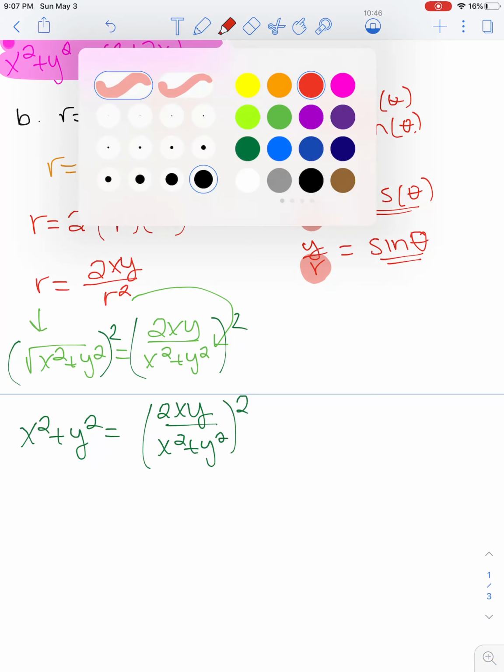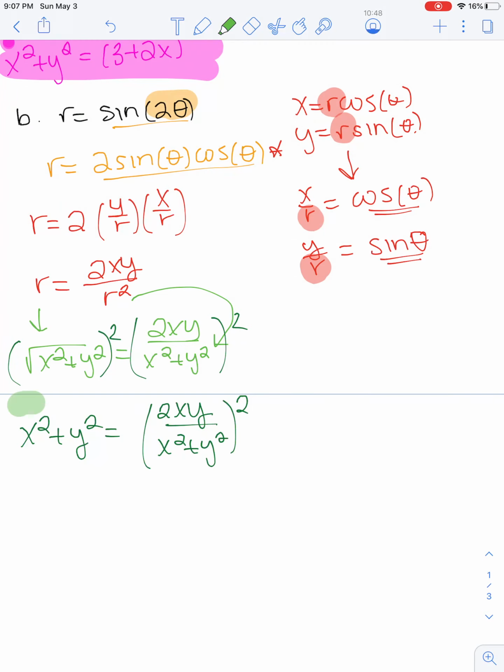And I think that's the version that is shown on your guided notes. Okay, but either way, squared or not squared, you've arrived at a final answer, right? You've arrived at an equation that is in terms of x and y.